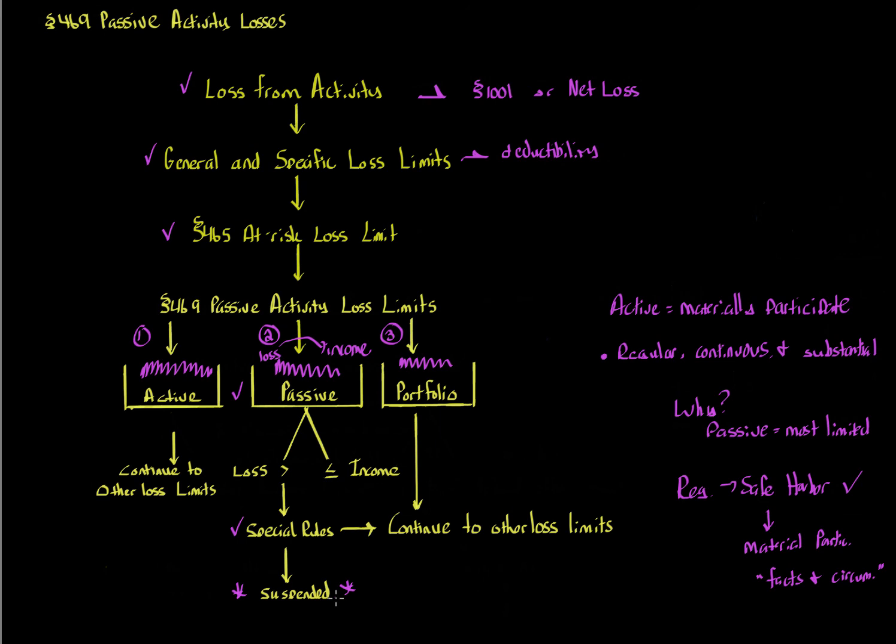So this really is different with respect to hobby losses. This is not the same because of the suspension. With a hobby loss, if you don't get a certain loss or deduction as of a year, it doesn't get transferred to the future. You just don't get to take it. It's not allowed.